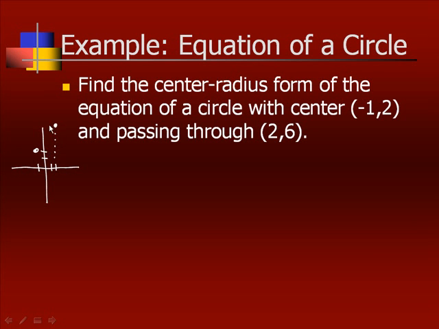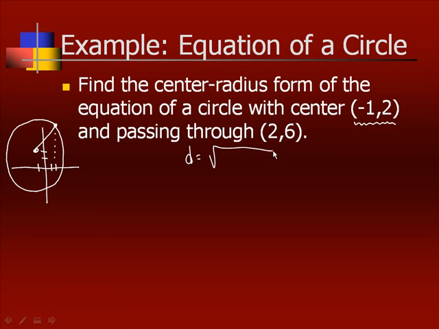So we've got a circle that goes this way. Now remember, when we're using the center-radius form, we know the center, (negative 1, 2), we need a radius. Well, if you'll notice, the radius is just the distance between the center and (2, 6).